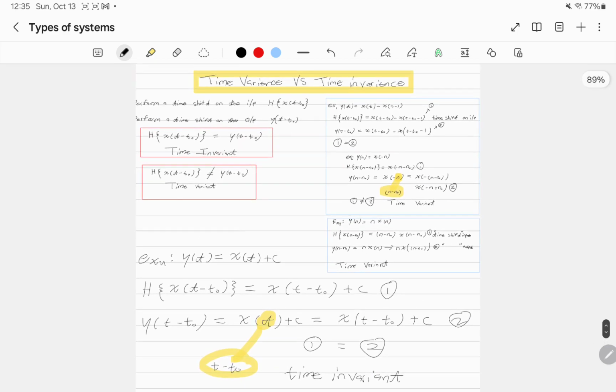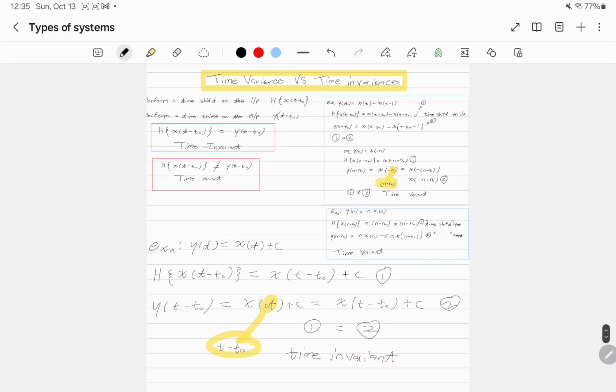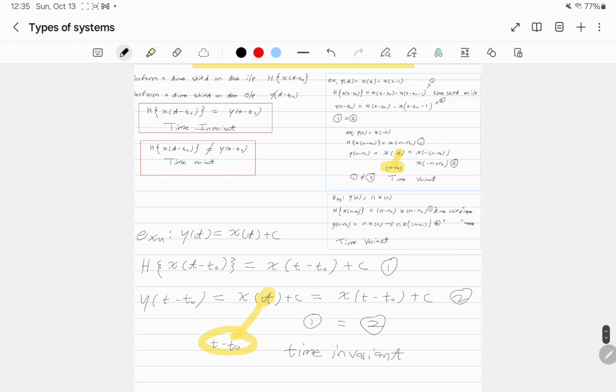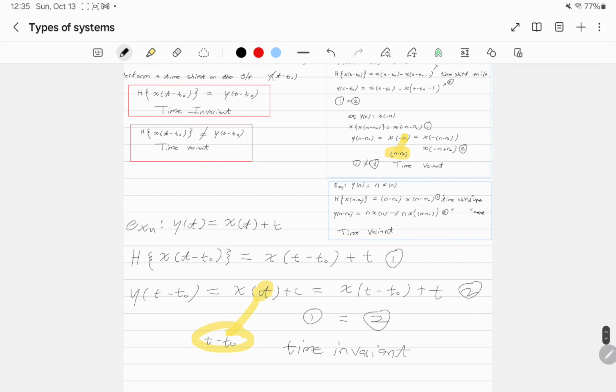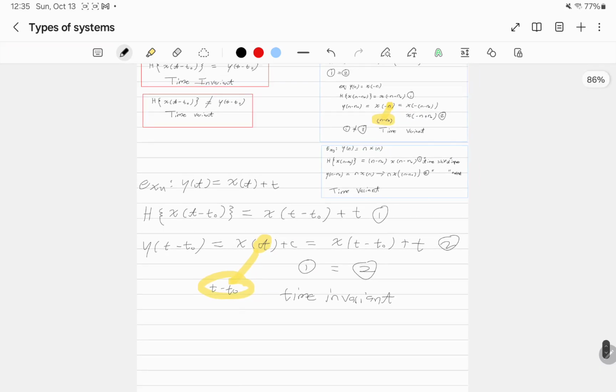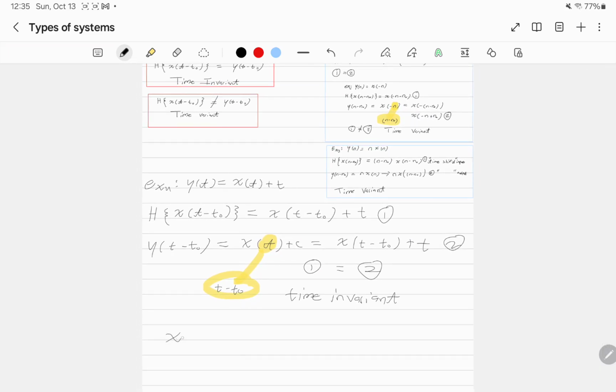So yeah, those are all the examples, and maybe I'll give you an extra example. Let's say it wasn't c, let's say it was t. What would happen? Well, we could see that this x of t, when you do a shift, so let's do a shift on the input, x of t minus t naught plus t minus t naught.